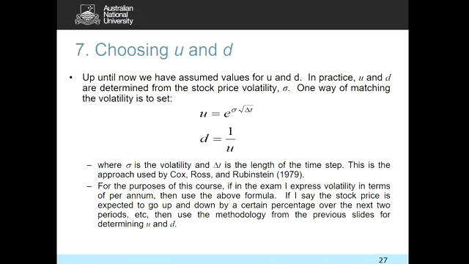So if I tell you the stock has a volatility of 30%, then to calculate U, it's just e to the power of that volatility of 30% times the square root of the length of one time step. And then D is just 1 divided by that number you've calculated. So 1 divided by U.